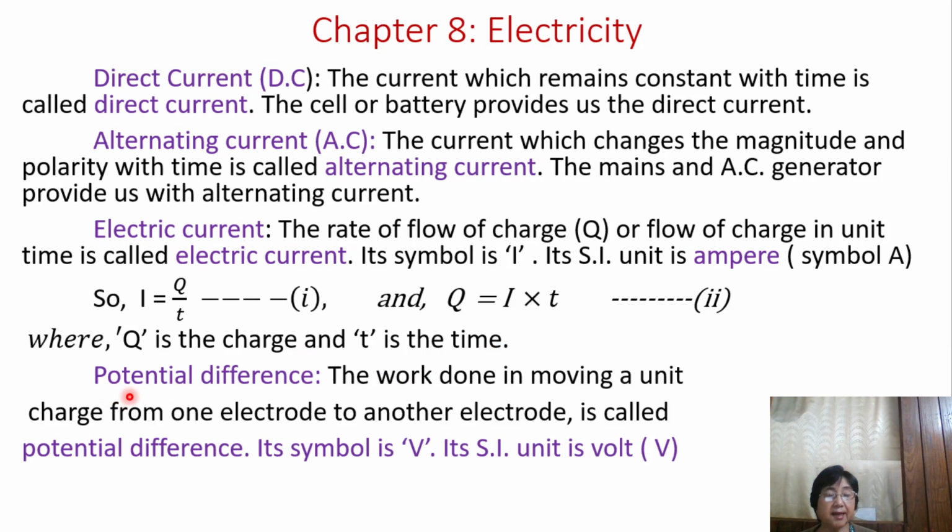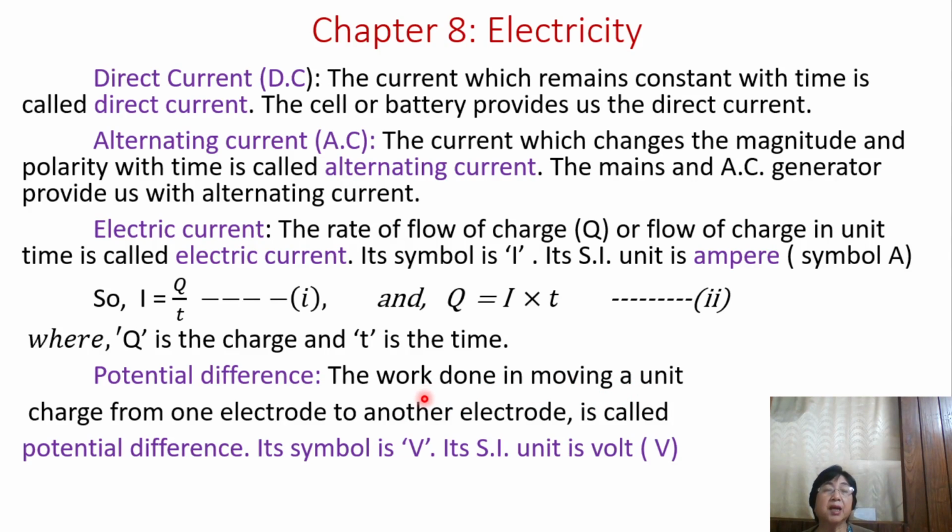Now the next is potential difference. The work done in moving a unit charge from one electrode to another electrode is called potential difference. You see, in a cell or a battery, usually it's the electrons that move on their own.